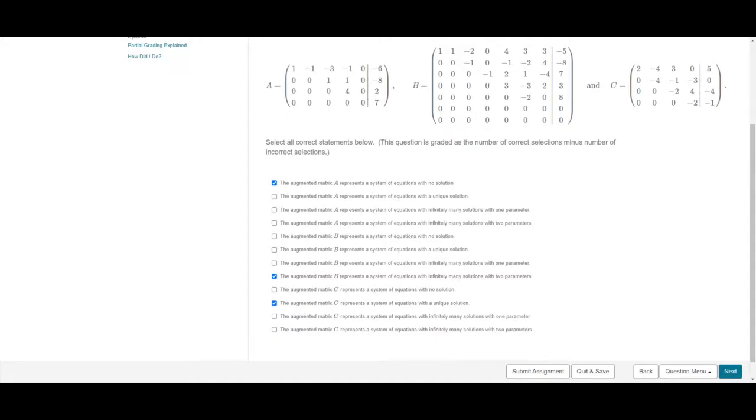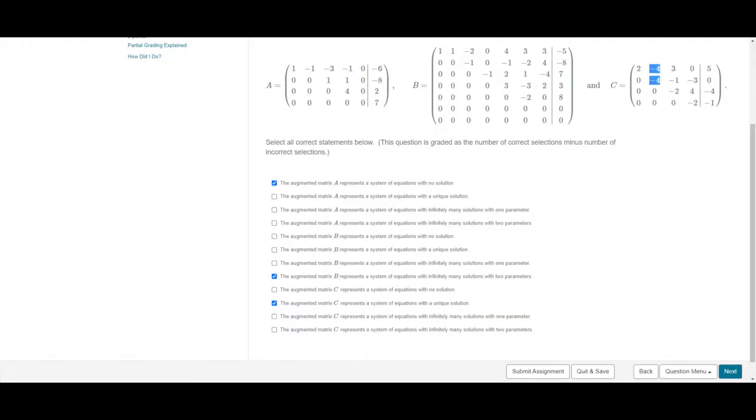Okay, so let's have a look at the third matrix. Let's look at all the columns. Is the final column leading? No, because it doesn't contain the first non-zero entry of any of the rows. This column contains the first non-zero entry of row 1.